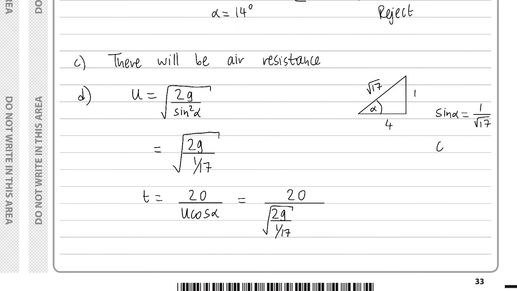Cos alpha, from the triangle here, is just 4 over root 17. And this is giving us a result of 1.1 seconds to 2SF. So that was part D of the final question of this paper. Thank you very much.